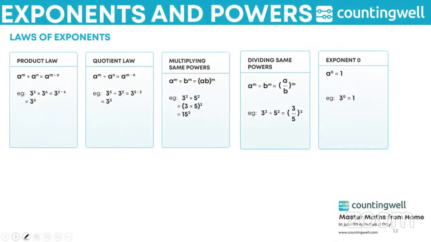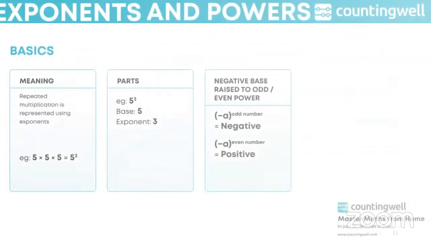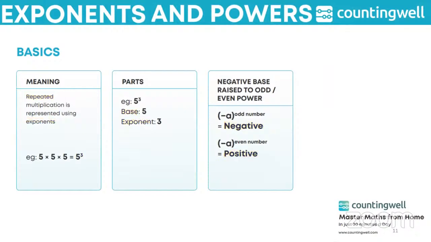Let us see laws of exponents. Product law, quotient law, multiplying same powers, dividing same powers, and exponent 0. Product law says that if you have same base, we have seen what are base and what are exponents.